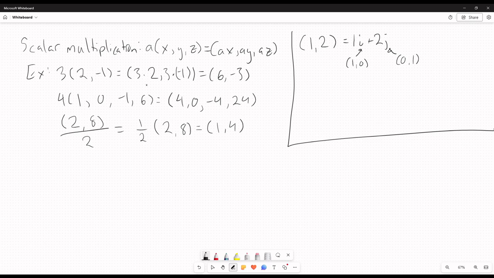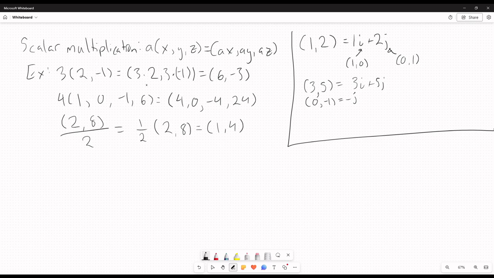If we have a two-dimensional vector, those are going to be our standard basis, i and j. So just as another example, 3, 5 would be 3i plus 5j. And maybe as a slightly more interesting example, if we had 0, -1, that would just be -j.